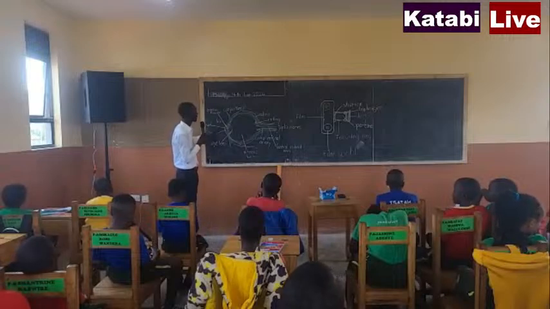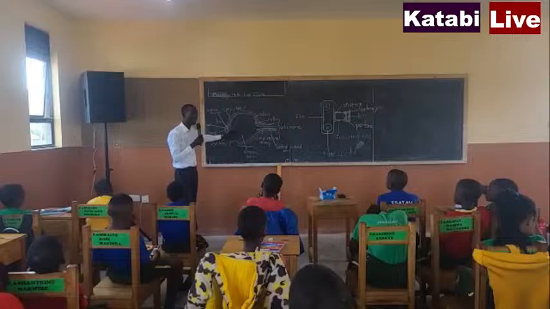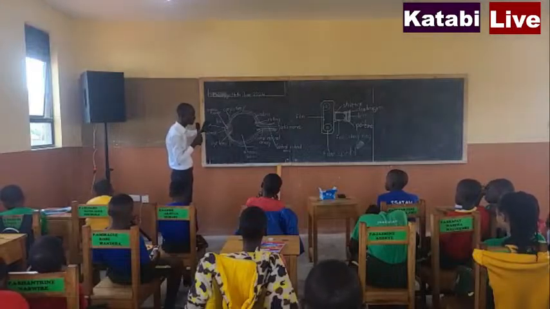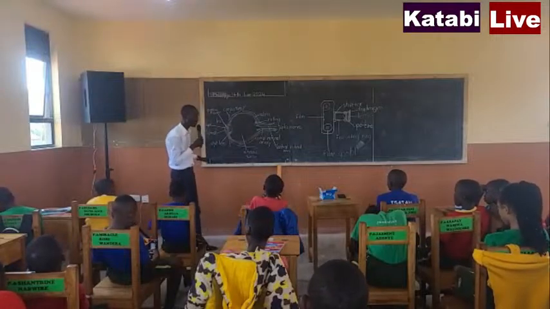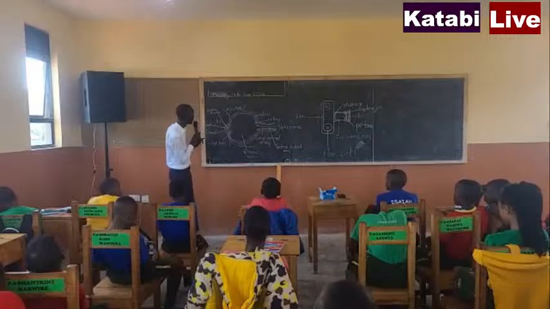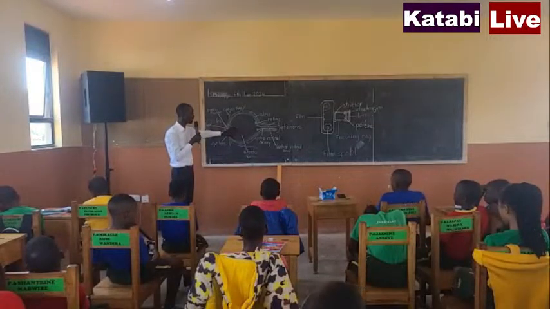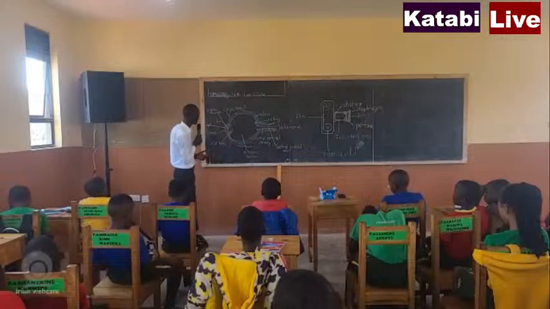This is the internal structure of the human eye. Group 1 has given us some of the functions here. However, I would just precisely want to tell you some of the functions which are here. Others I will not touch because they have already been communicated to you.